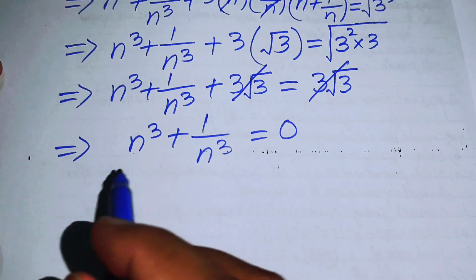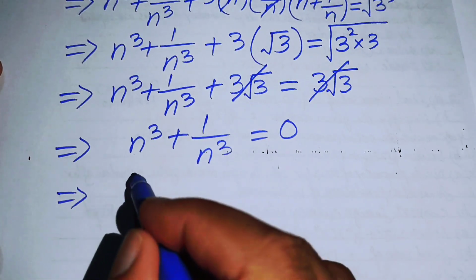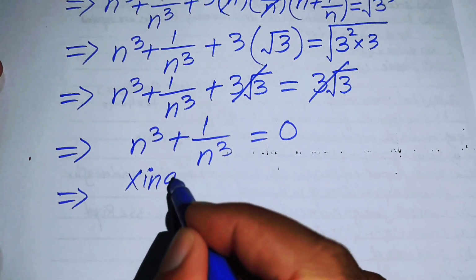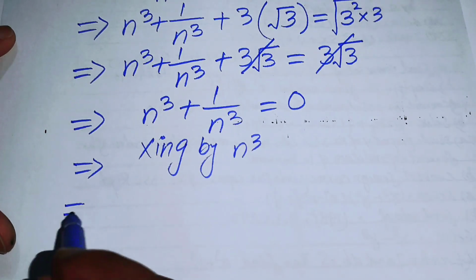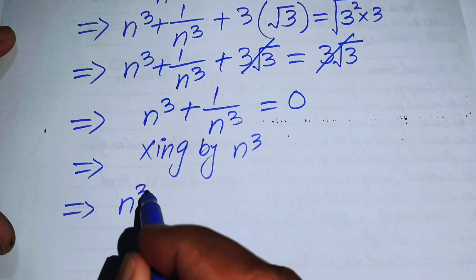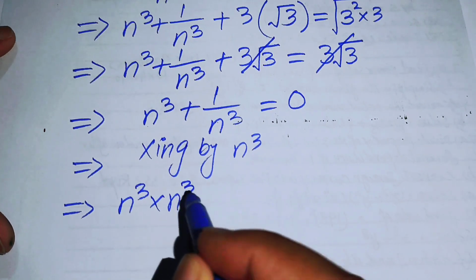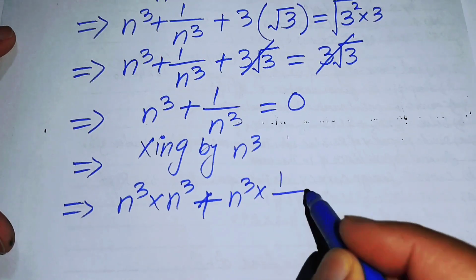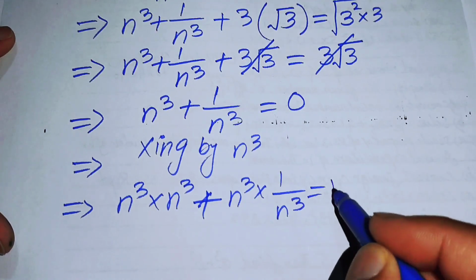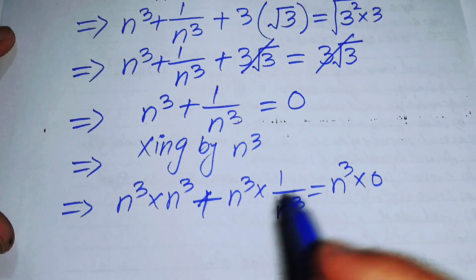And now we will multiply both of the sides by n cubed, and you get n cubed multiplied by n cubed plus n cubed multiplied by 1 over n cubed is equal to n cubed multiplied by 0.